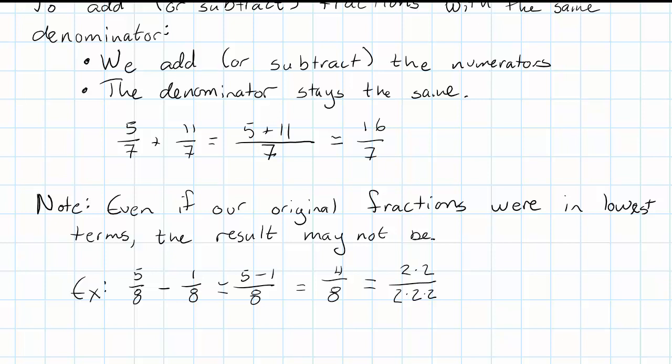I'm not going to draw the factor trees for these, but you are welcome to. And we see everything in the numerator cancels out. When everything in the numerator cancels out, I just have 1 left. And I've just got a 2 left in the denominator. So notice the difference here was not in lowest terms, even though each of these fractions were in lowest terms.